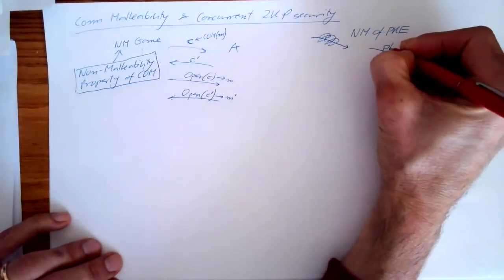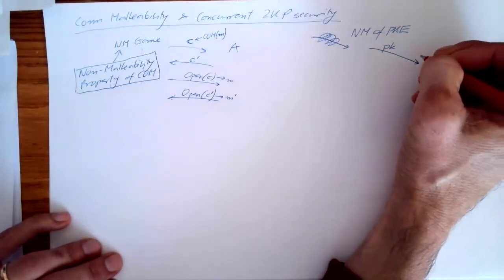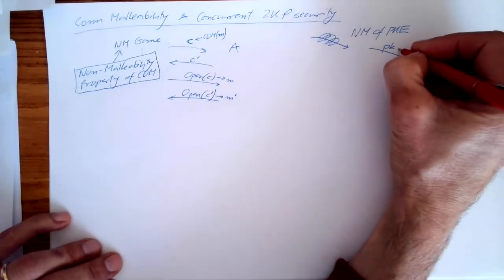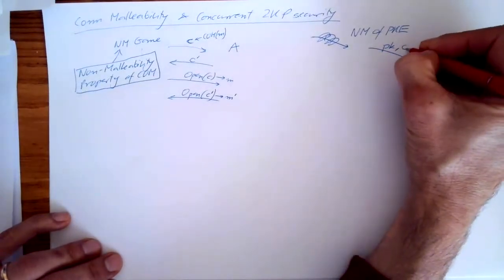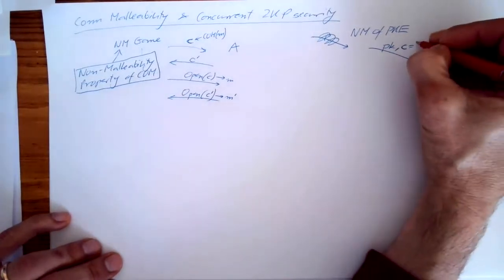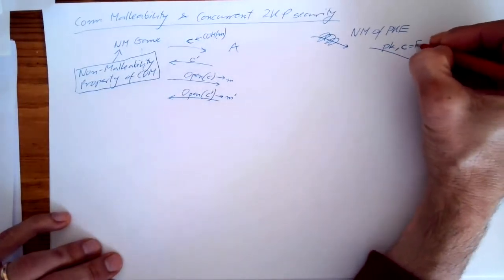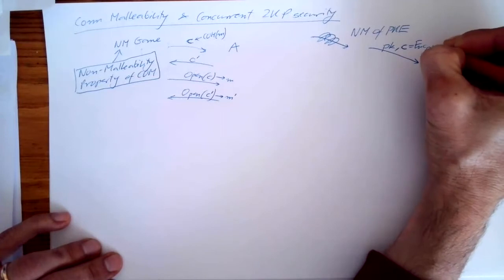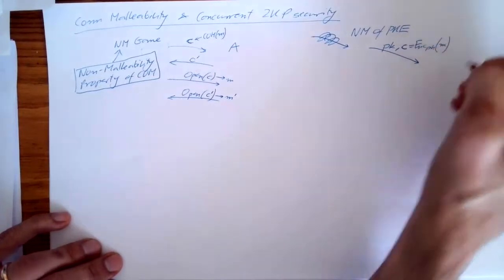Let's say that there is a public key and a ciphertext, which is an encryption under the public key of some message.